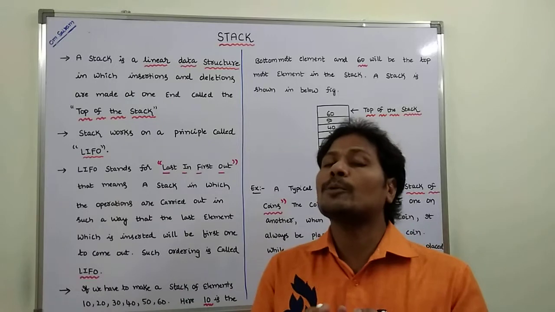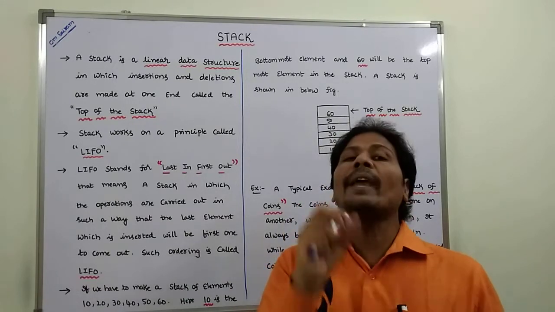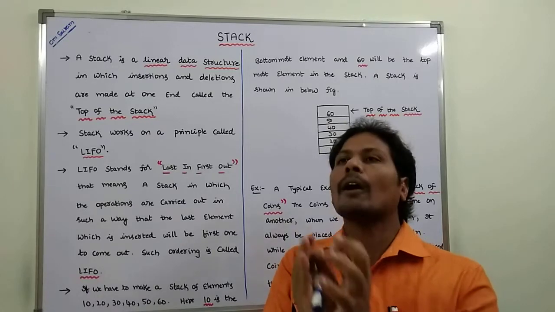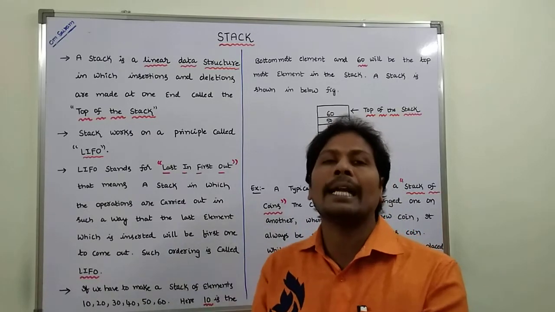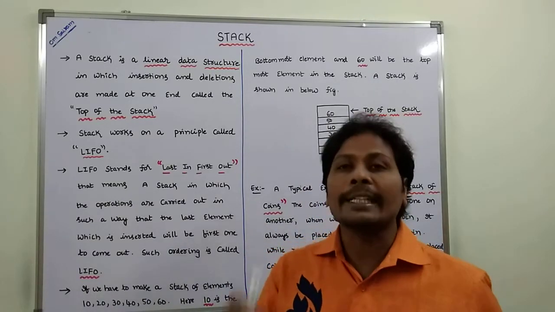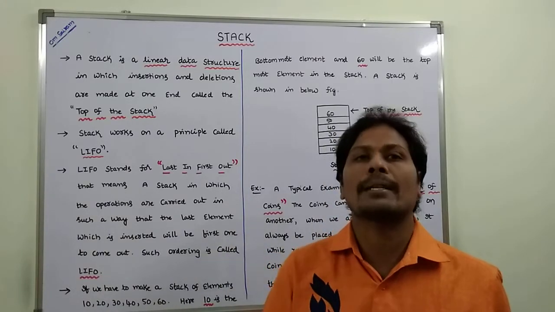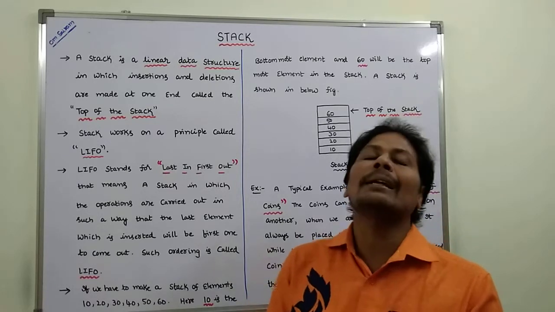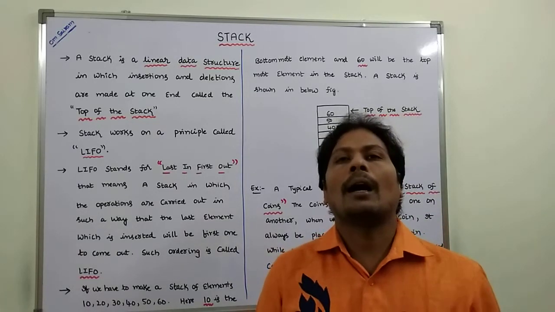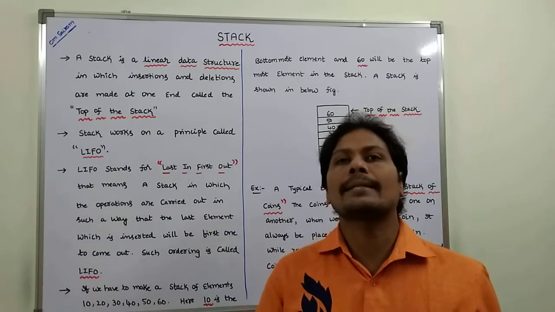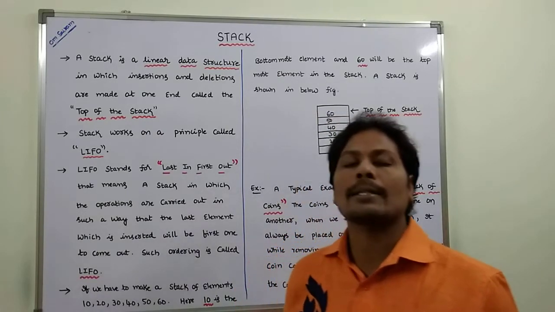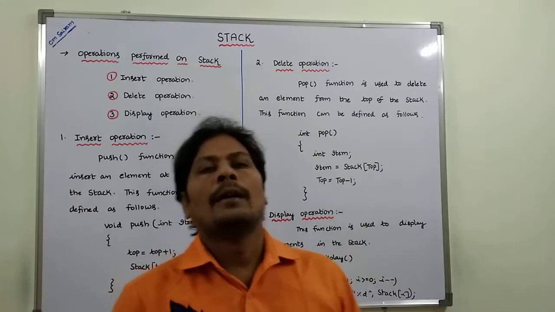Suppose we are removing one coin from the stack. Whatever the coin that is inserted at the last, that coin is removed from the stack first. So this example resembles the working of the stack principle, that is last in first out.